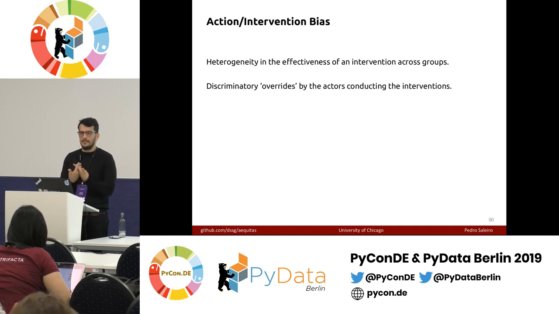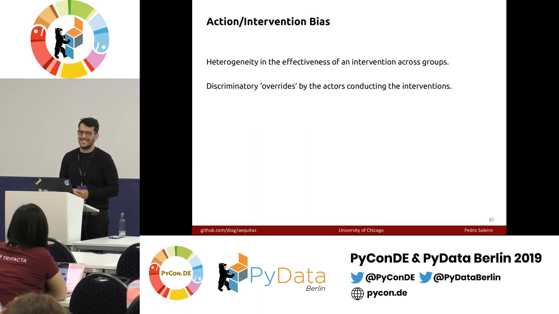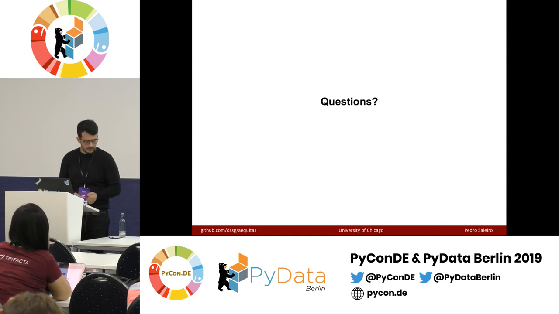If we think about disease and you have just one intervention, it might have different effects on older people and younger people, and a different effect on male versus female. So if you just define one set of interventions, or even a couple of interventions, the heterogeneity of effect might exist. And also there is a human that can override the model recommendation, and that is also a source of bias. Any questions?